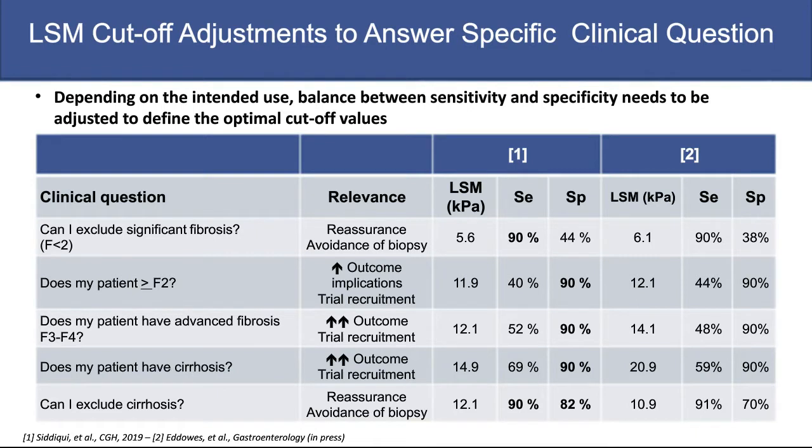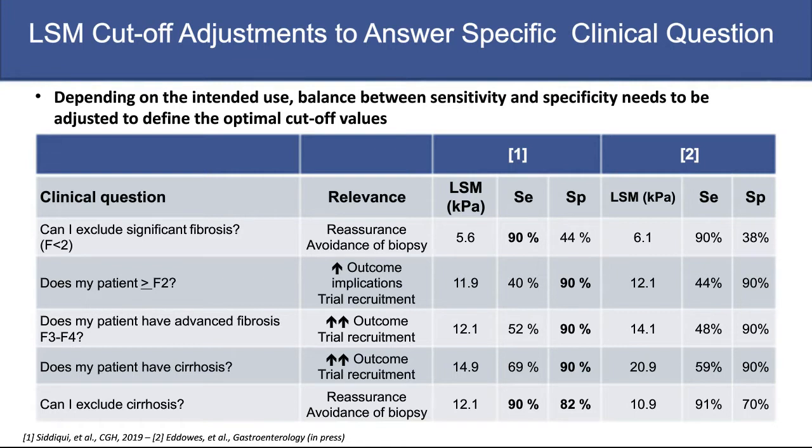For example, in this study, when they wanted to exclude patients with significant fibrosis, those who had fibrosis stage less than 2, to reassure patients, then a cutoff point of 5 to 6 had pretty good sensitivity.